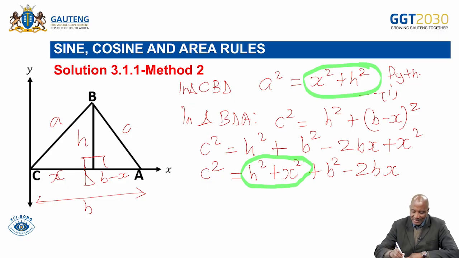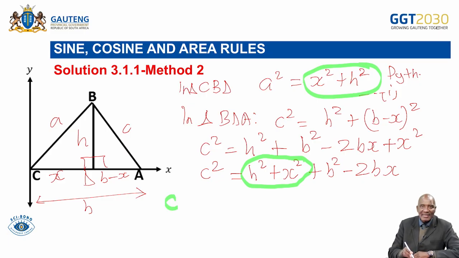Okay? Right. What do we have there now? It means where I see x squared plus h squared, I can put a squared.